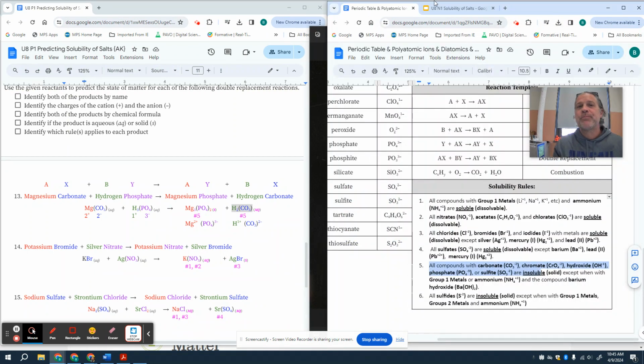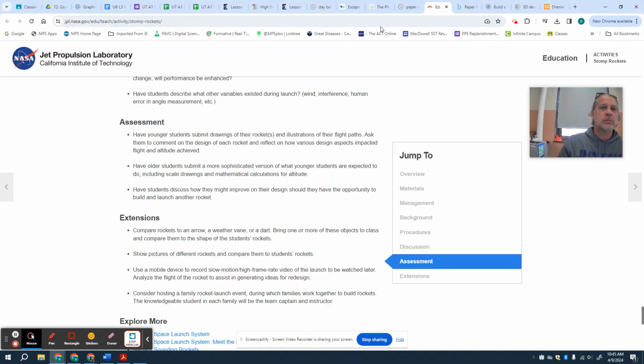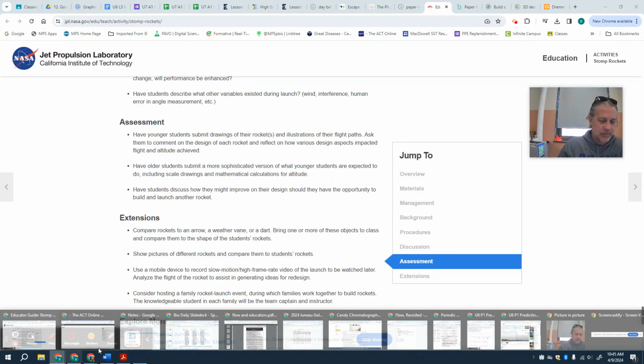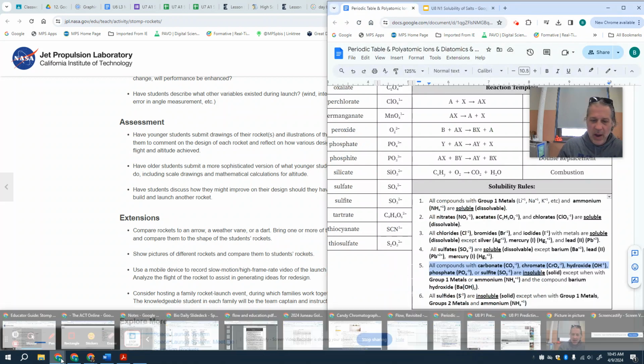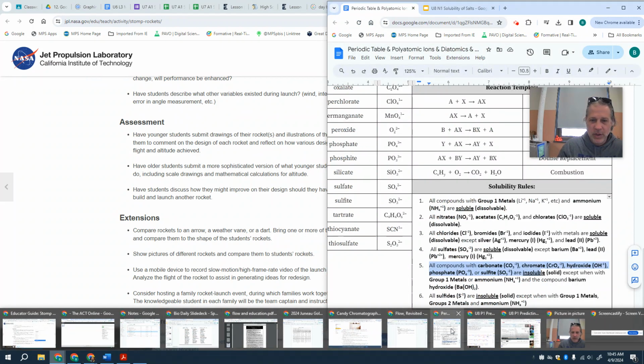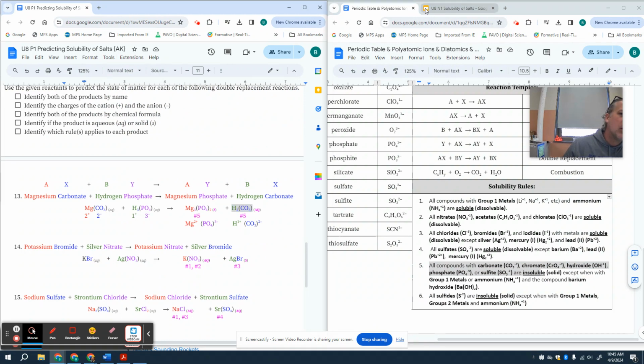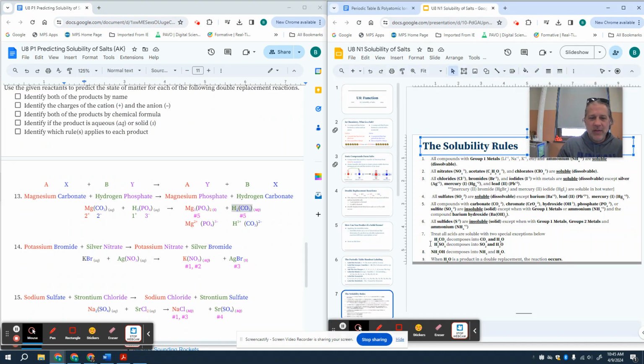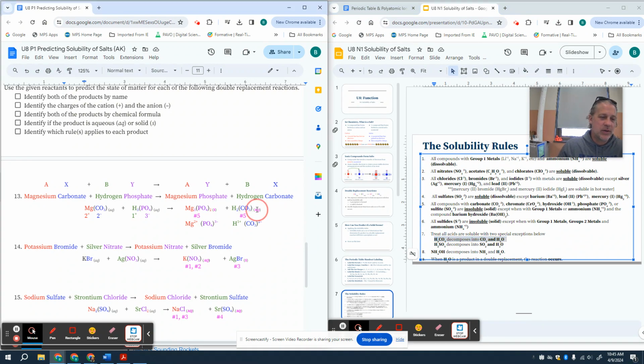Also, another way to look at it is if you happen to be looking at your more involved notes, you'll see that technically speaking, hydrogen carbonate is a special kind of acid, and it says that they're soluble. So treat all acids as soluble. H2CO3 further decomposes into carbon dioxide and water, which brings us up to a lot of things that we don't have to worry about. But for the most part, this is an aqueous solution.